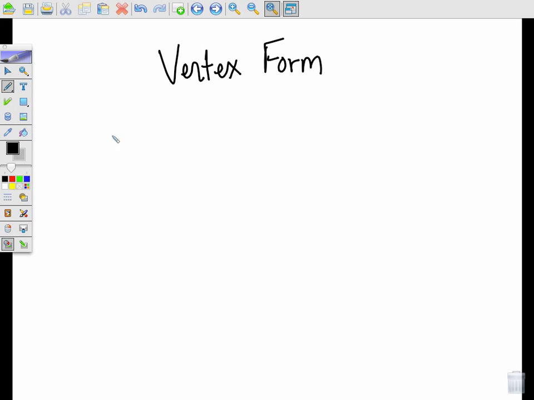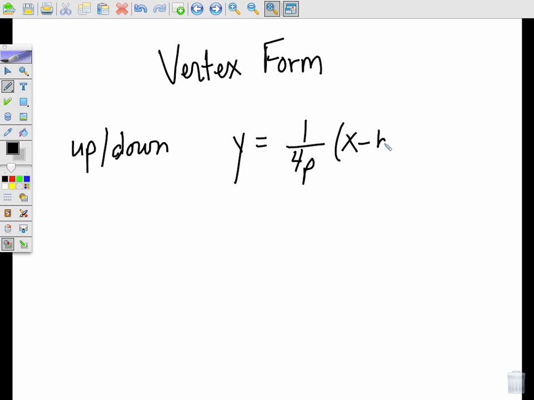All right, we also have what's called vertex form, and so this is for opening up and down, what the vertex form would look like. Vertex form would be y equals 1 over 4p times (x minus h) squared plus k. What you're probably familiar with is the (x minus h) squared plus k. The 1 over 4p is actually the number that would tell us how our parabola would open and how wide it is.